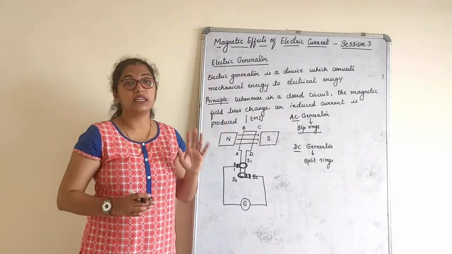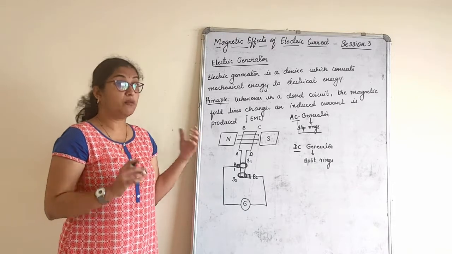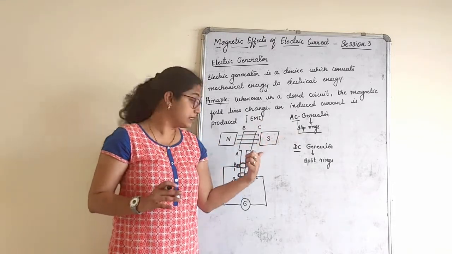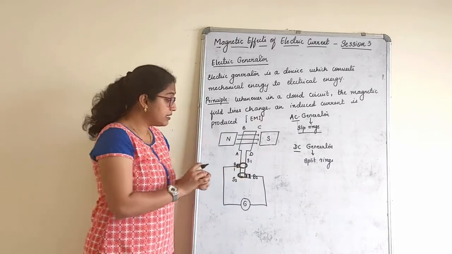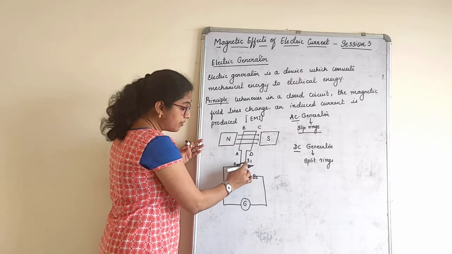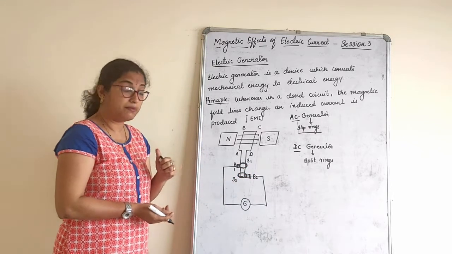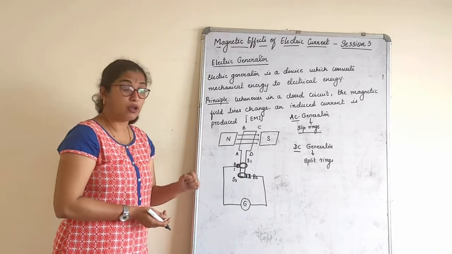But here we are studying the electric generator. Of course, it is an AC generator only, but we don't mention it as an AC generator because we are using slip rings here. There will be two slip rings in this. Since the two slip rings are located at different points, each slip ring is connected to carbon brushes V1 and V2. And each brush is further connected to a galvanometer.